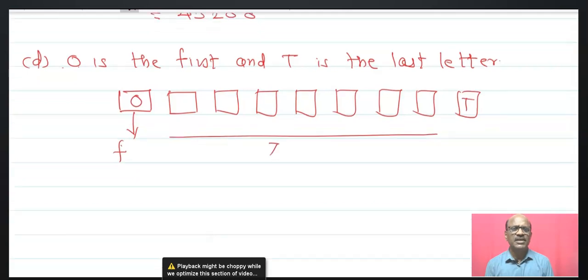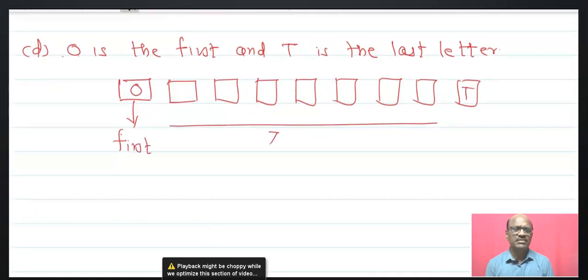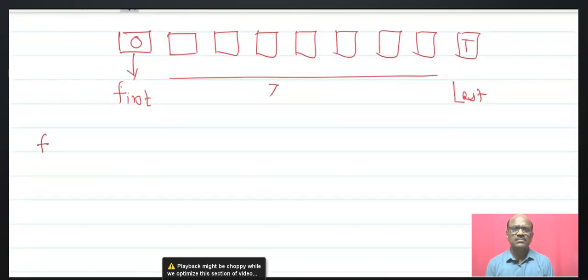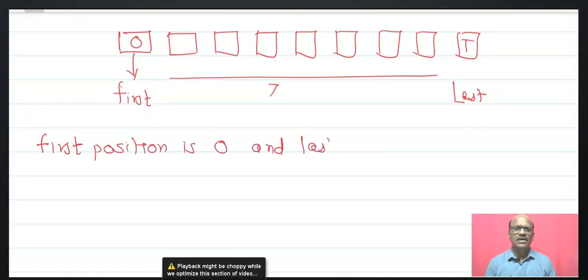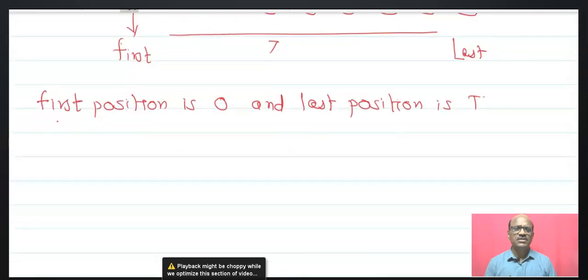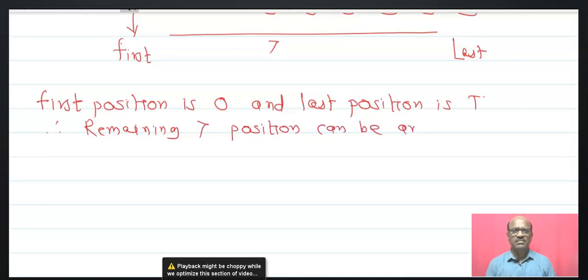Now the remaining 7 can be arranged in 7p7 ways. Therefore, the first position is O and last position is T. Remaining 7 positions is a very simple problem.